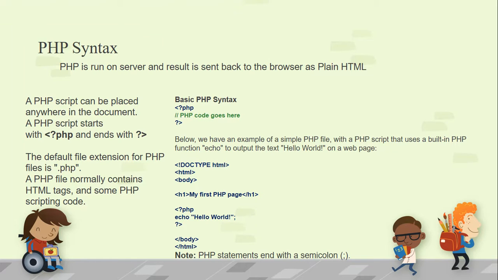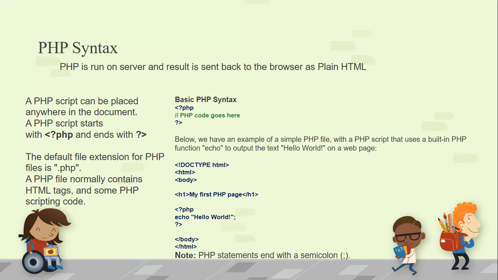A PHP file normally contains HTML tags and some PHP scripting code. As you can see, the example clearly states how PHP starts with the opening angle bracket, question mark and PHP tag. Then you can put your PHP code and close the PHP tag using the question mark and the closing angle bracket.